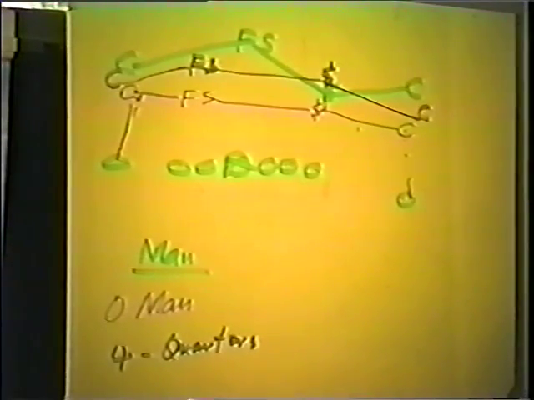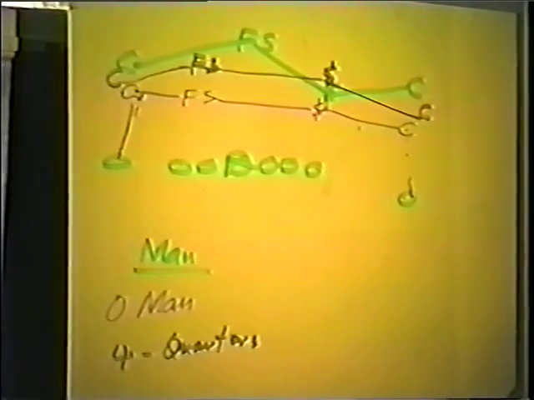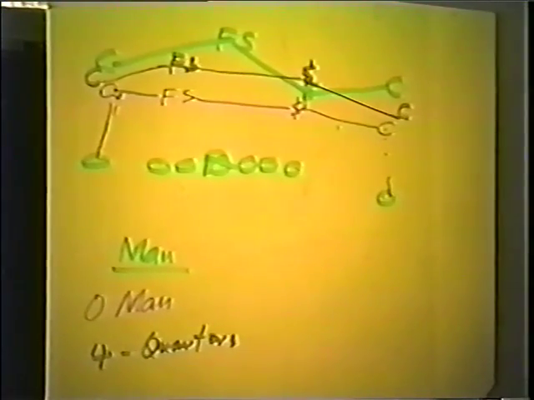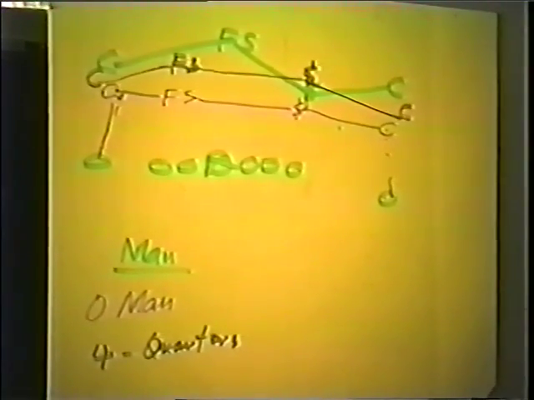And then you also draw lines between the defensive back positions, and you can tell by the configuration or the shape of that what the coverage is.